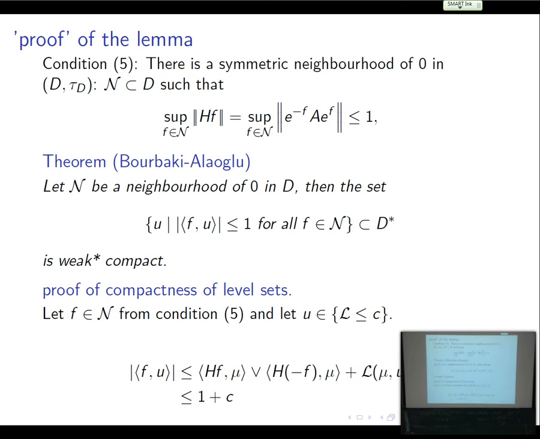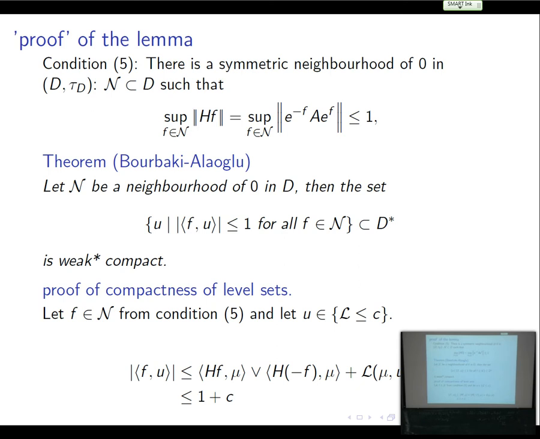Okay, so now I use the two properties that I have. The first of them is that f was in n, and n was also symmetric, so also minus f is in n. So I know that the first term is bounded above by 1, and I assumed that L was bounded by C. So I know that this pairing is bounded above by 1 plus C.